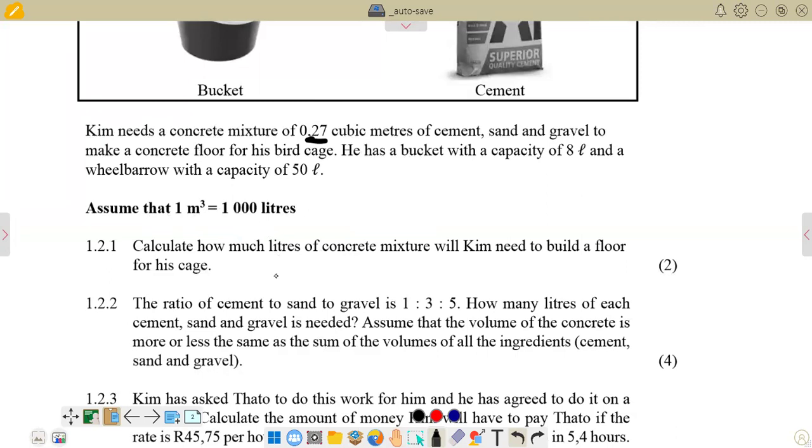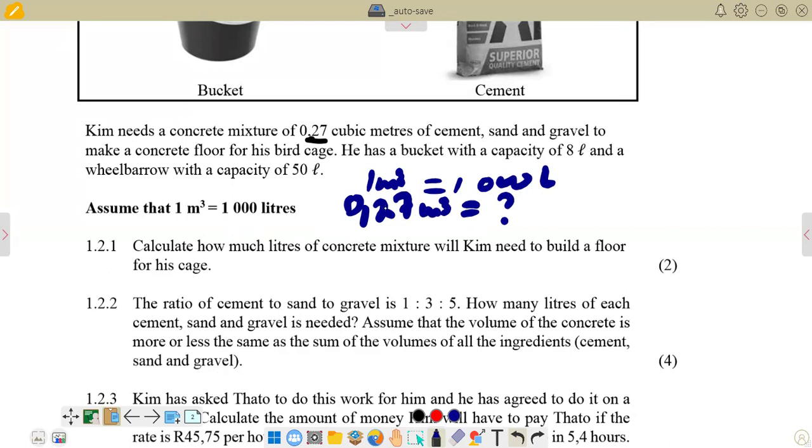So basically, this is a simple proportion that we are going to make. 1 cubic meter is equal to 1,000 liters, and we want to find the value of 0.27 cubic meters.